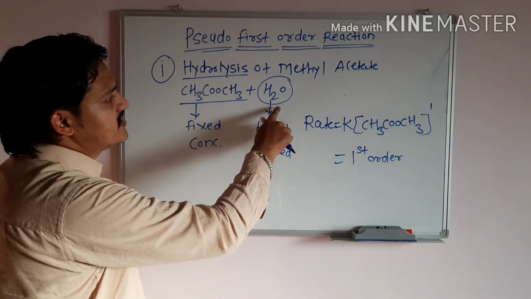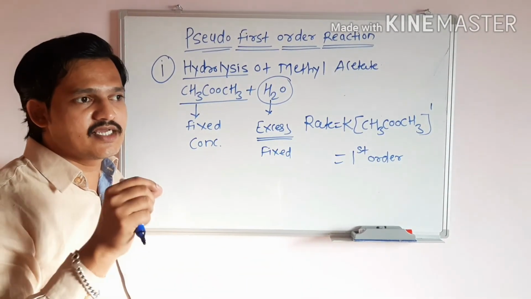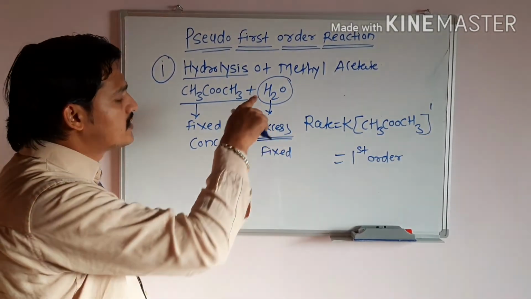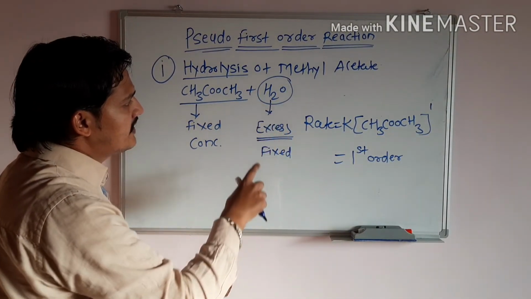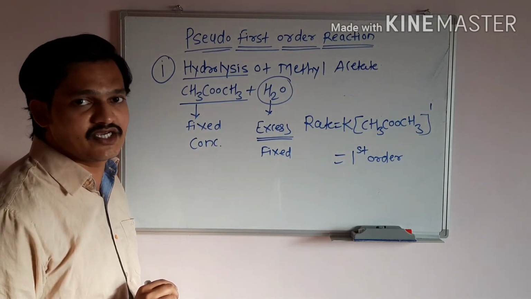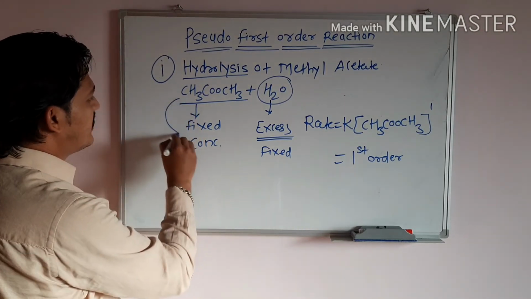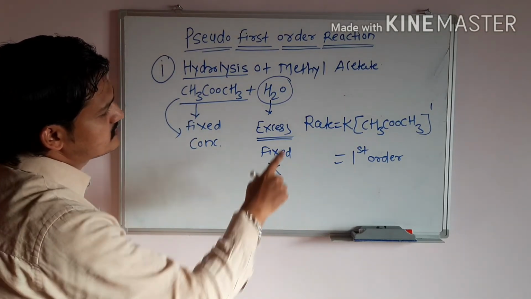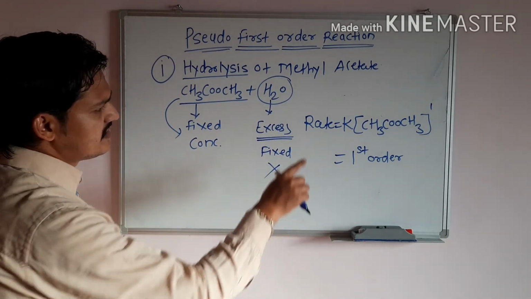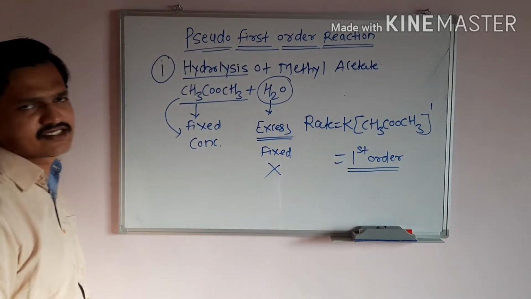Because the concentration of water is not fixed, water is always taken in excess, so the role of water is not fixed in that particular hydrolysis reaction. So the rate of reaction doesn't depend on the concentration of water, hence in reality the order is first order kinetics.